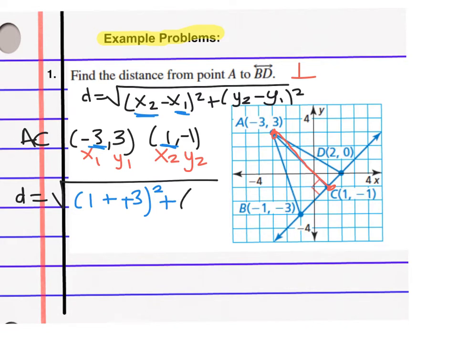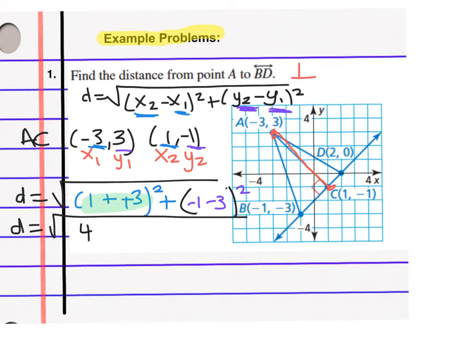My second parenthesis: y2 is negative 1, my formula has a minus, y1 is 3. Then I'm going to do the parentheses. So 1 plus 3 gives me 4, and negative 1 minus 3 gives me negative 4.